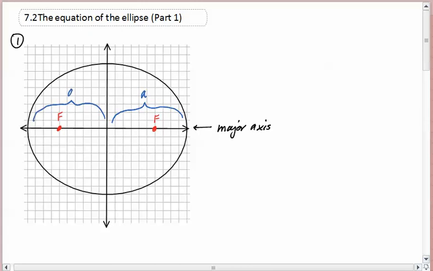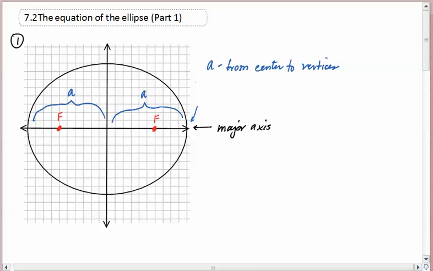So A is this side or this side, and it's always the distance from the center. Now this center happens to be the origin, from the center to the vertices. These are called the vertices. I think some books refer to all 4 of them as vertices, but I'm not positive about that.